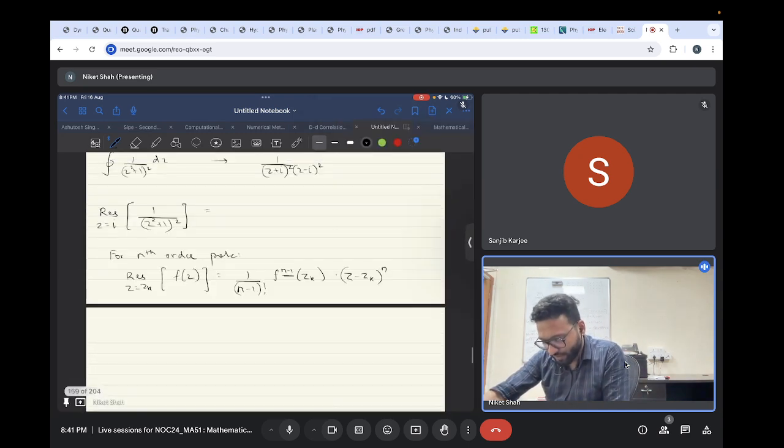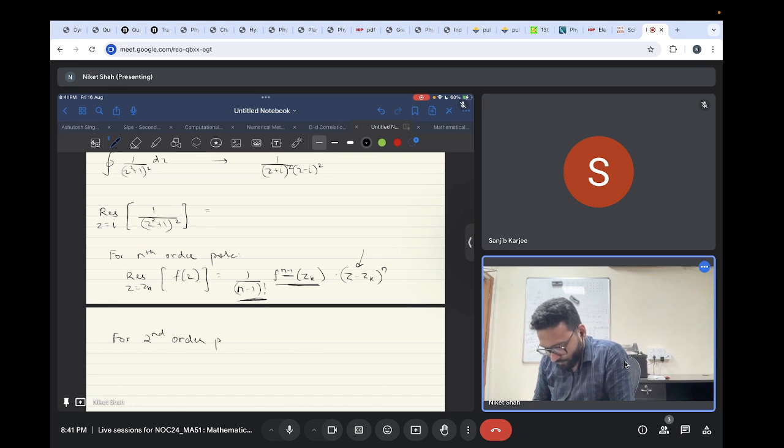Basically, using this, you'll remove the pole singularity, and then this is the coefficient that comes about. So for a second order pole, it's simply 1 divided by 2 minus 1 is 1, so 1 divided by 1 factorial.